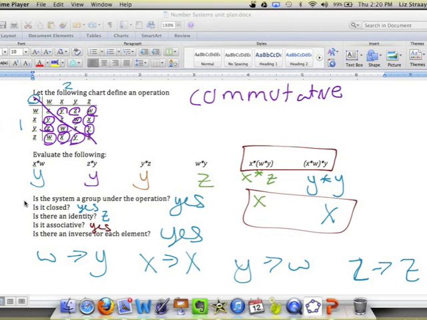And if so, it is commutative. So this one is commutative. That doesn't make it a group or not a group, but it is something that we ask about number patterns a lot. So if you can fold it on the diagonal and get back the same thing on each side of that diagonal, it is. If they don't match up, then it's not. And that's it.